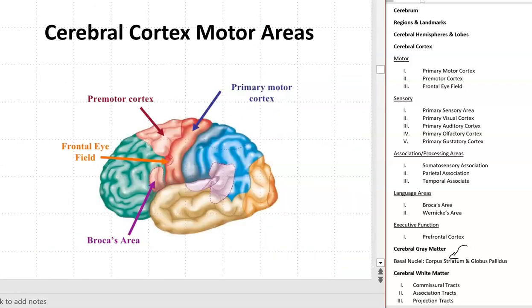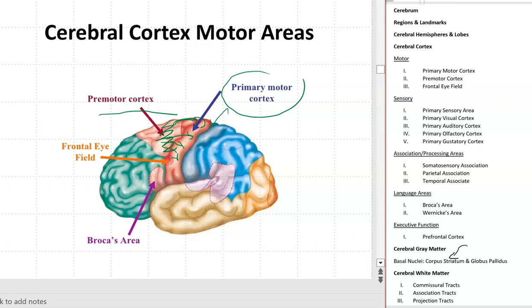Now there's also an area in front of, so we have our primary motor cortex. In front of that is an area called the premotor cortex. So it's thought that the neurons from the premotor cortex are going to stimulate the neurons in the primary motor cortex.